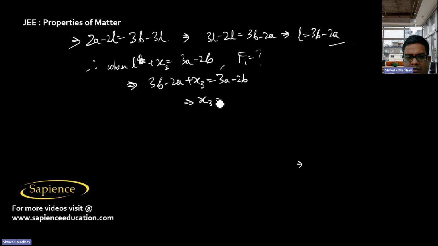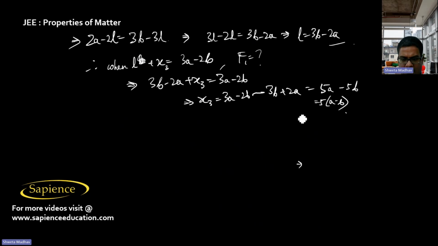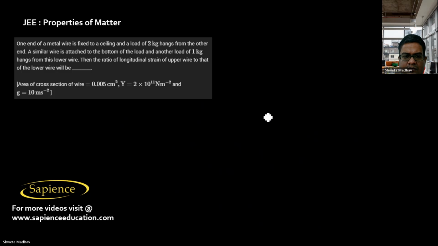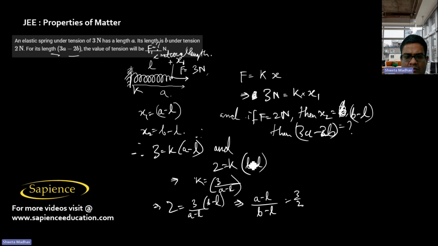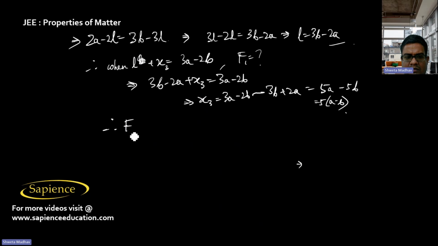Therefore, x3 would be equal to 3a minus 2b minus 3b plus 2a. So this will be 5a minus 5b, that is 5 into a minus b. This is the extension. So now the force required, F1, will be K into 5 into a minus b, equal to K into x3.